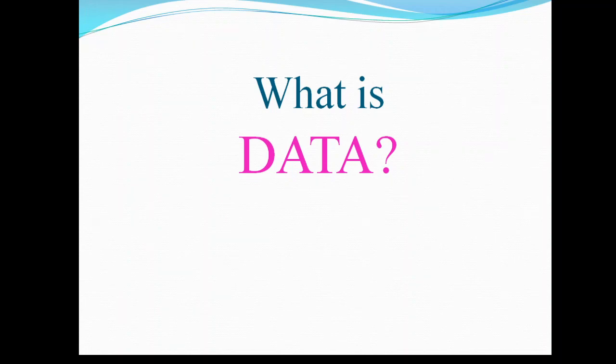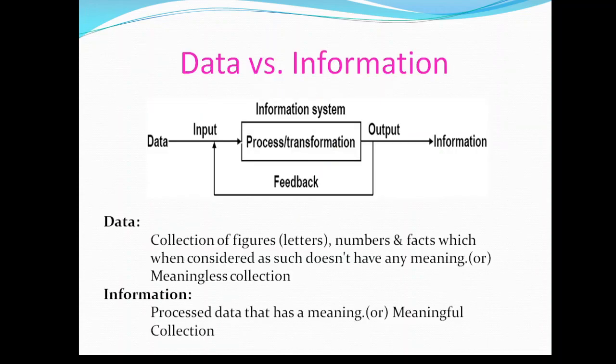Now we are going to talk about what is data and what is the major difference that exists between data and information. When you look at the figure, data is the input that is given to the information system, where the data undergoes processing or transformation.